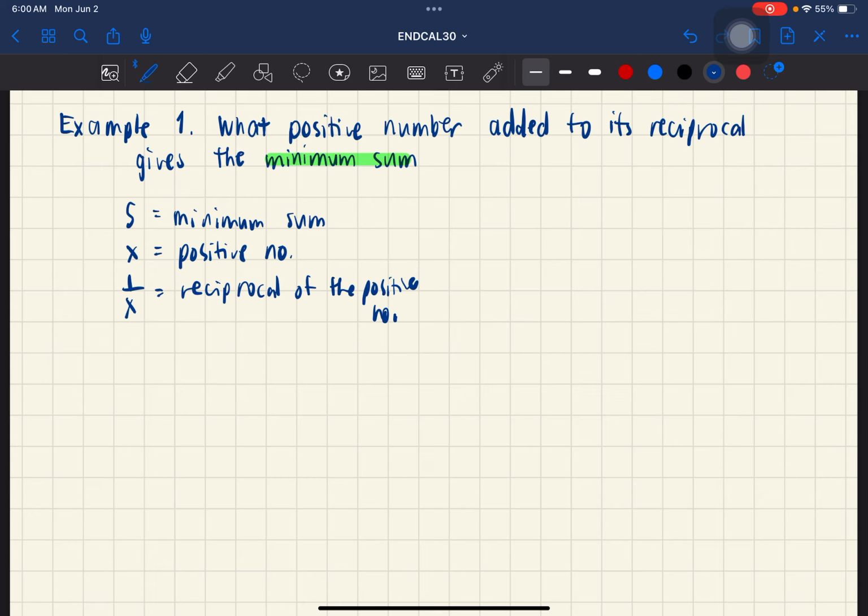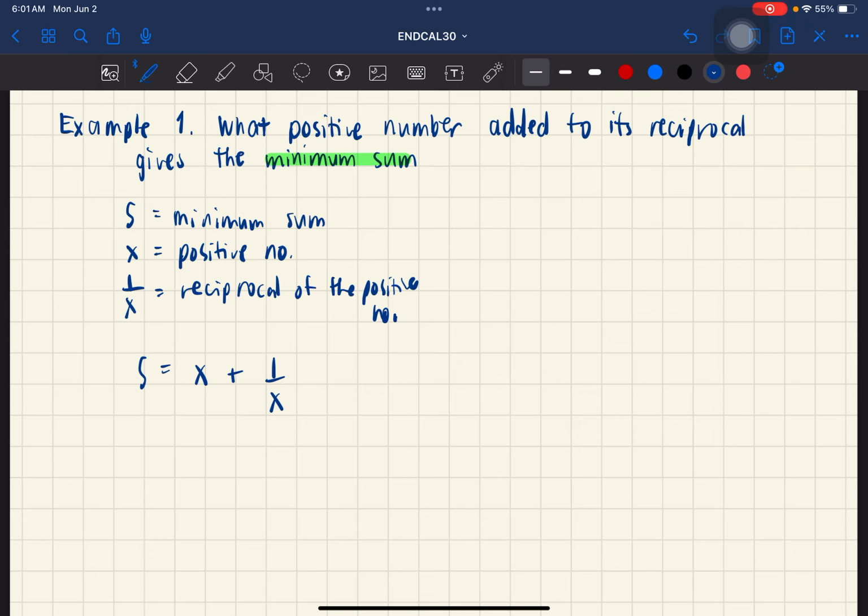So our constraint equation, I think it would be the same equation that we will be minimizing. So the sum of the positive number and the reciprocal, which gives us the minimum sum. So this will be our equation.